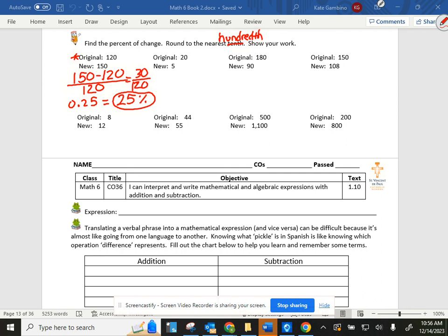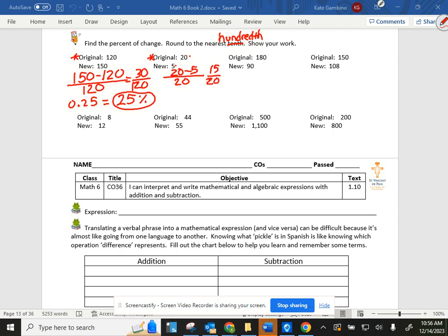So, our original is 20, our new is 5. So we put our big number minus our small number divided by that original number. 20 minus 5 is 15. That denominator stays the same.